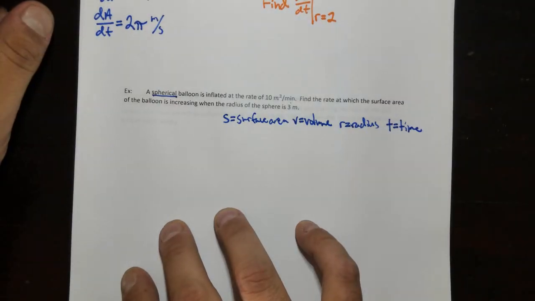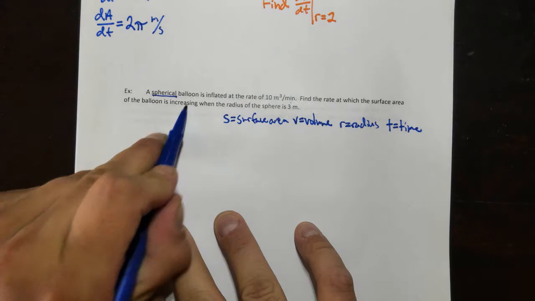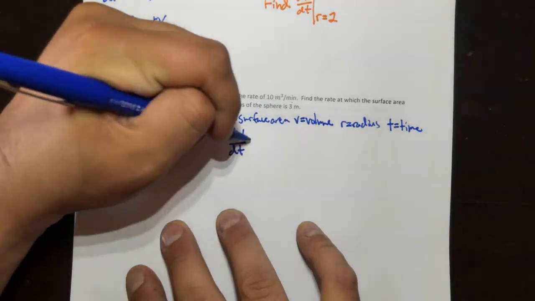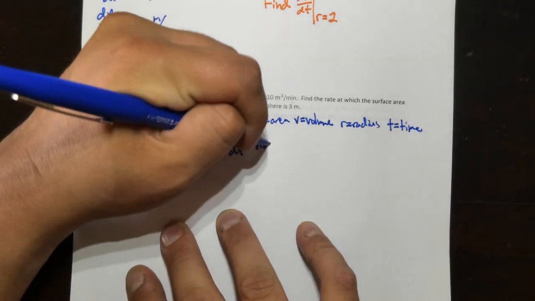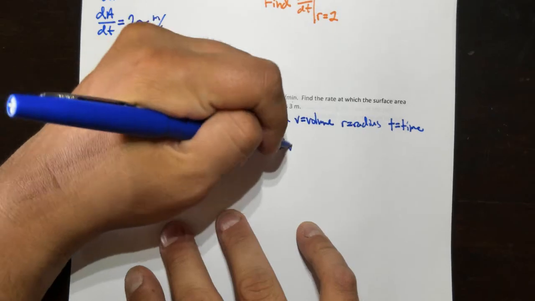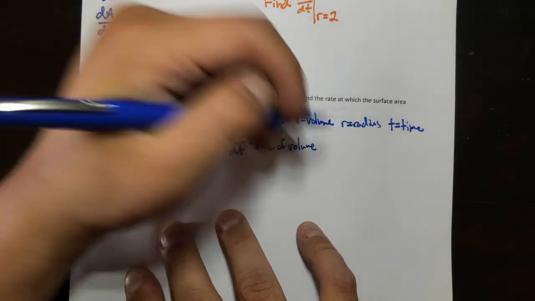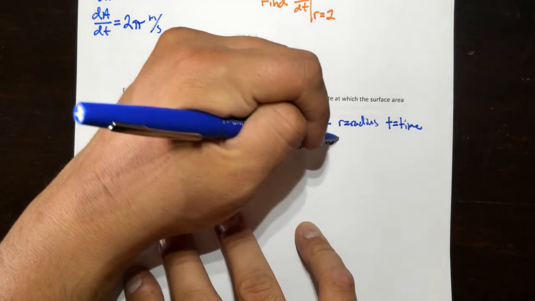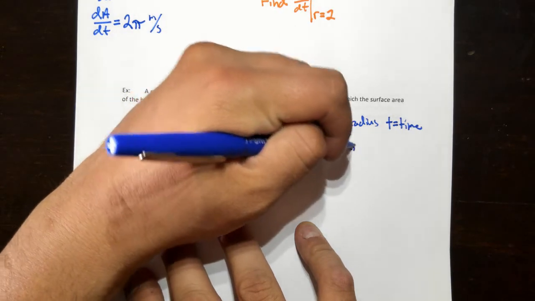We're given a dV/dt value, the rate of change of volume, and that is given as 10 cubic meters per minute.